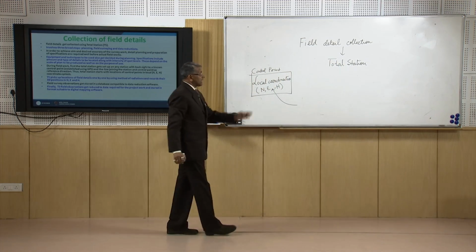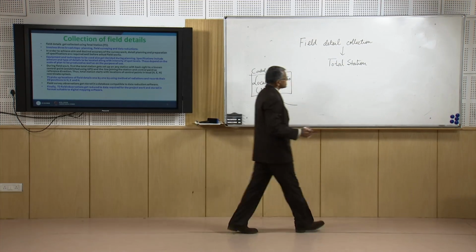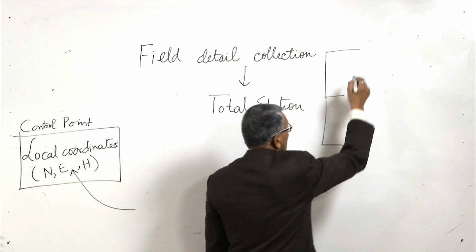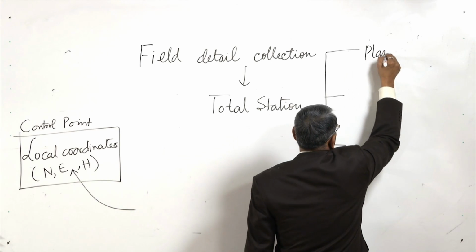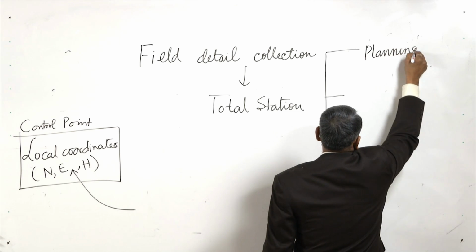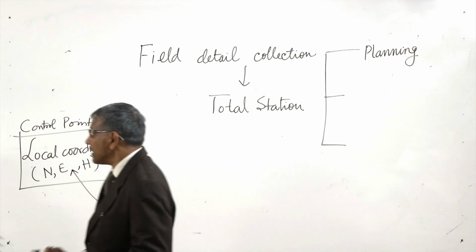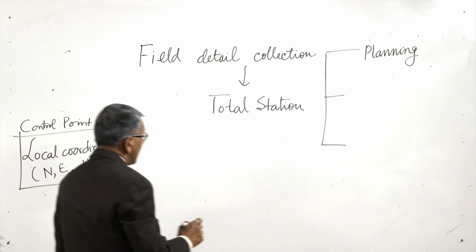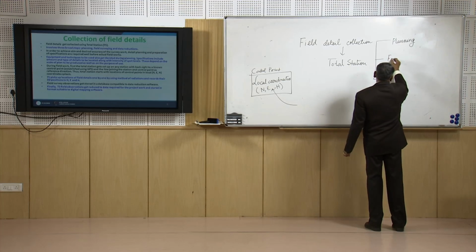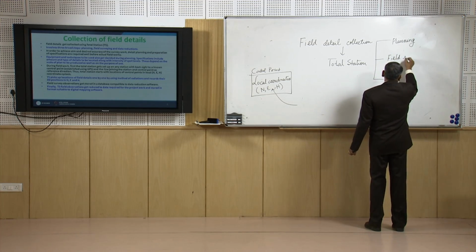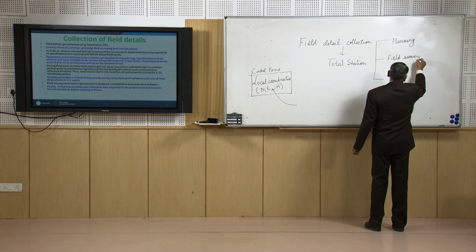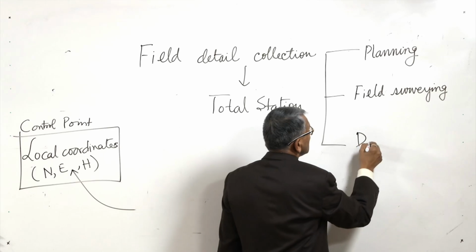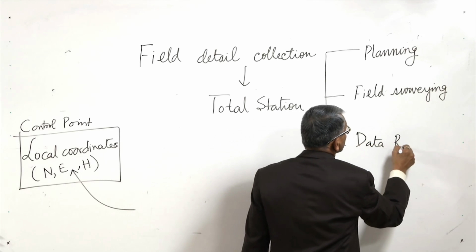The collection of field details again consists of 3 steps: planning, then field surveying, and then data reduction.